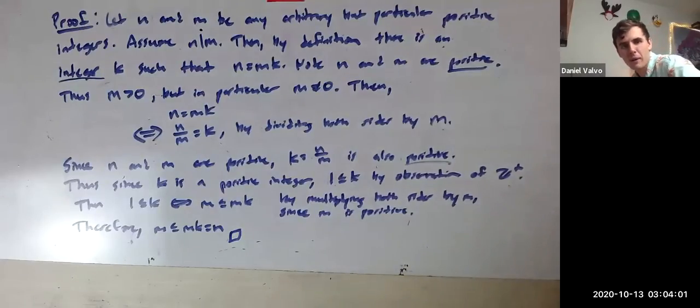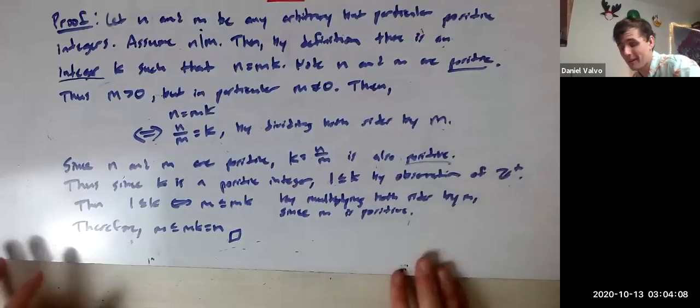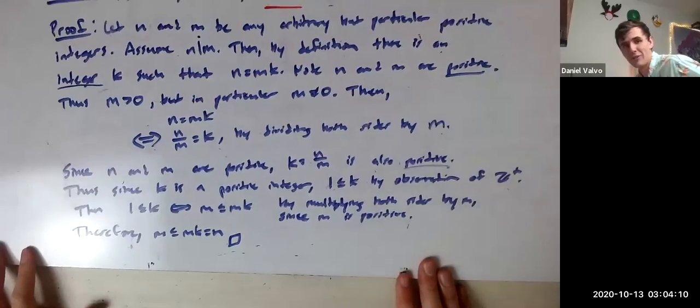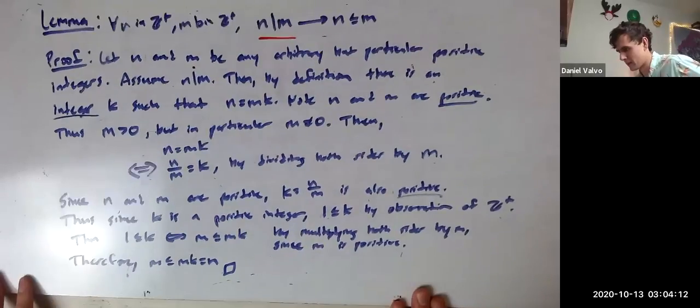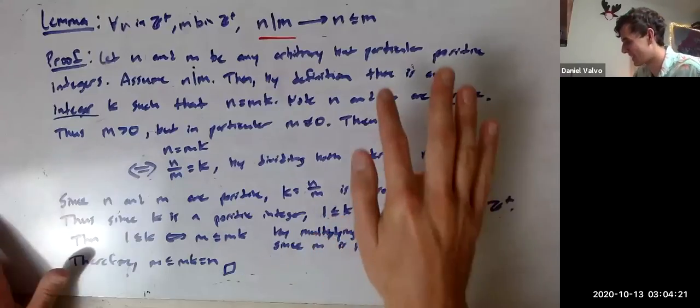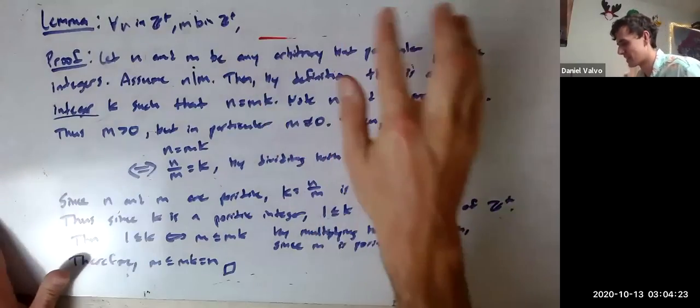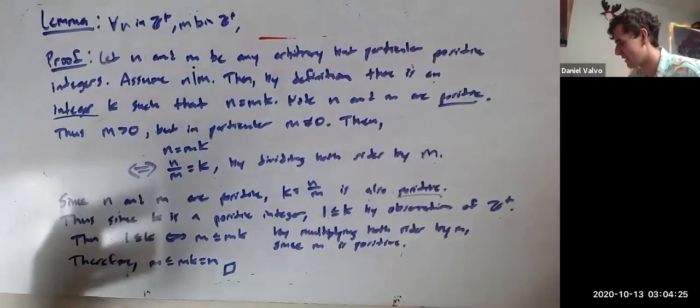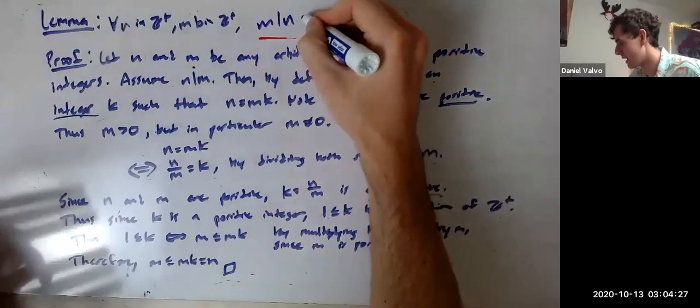Any questions on this lemma? I think it's a pretty simple lemma. It's just saying that if n divides m, oh, wait a minute. I did all this backwards. Sorry, let's just change this to m divides n implies m is less than or equal to n.